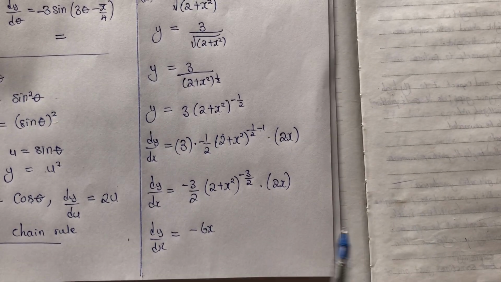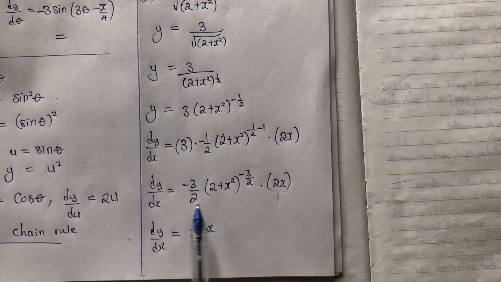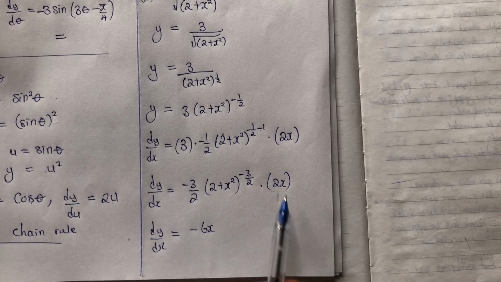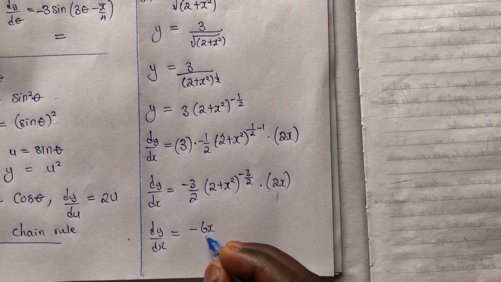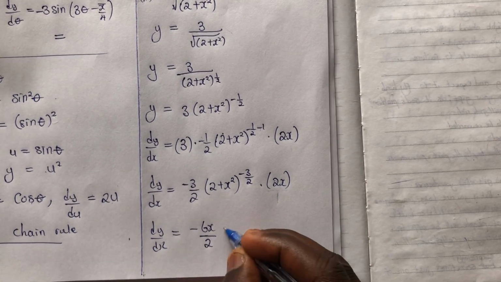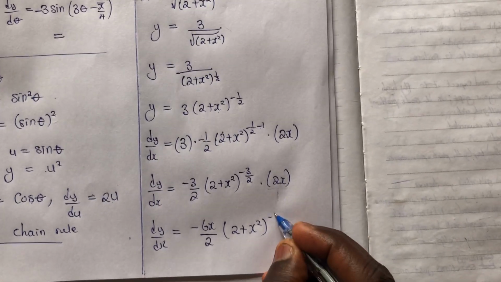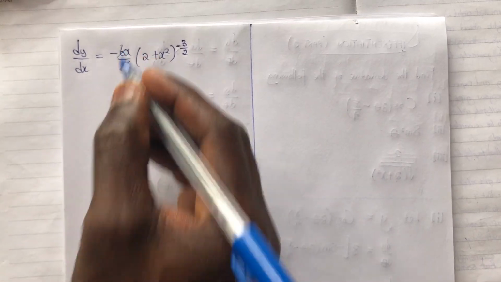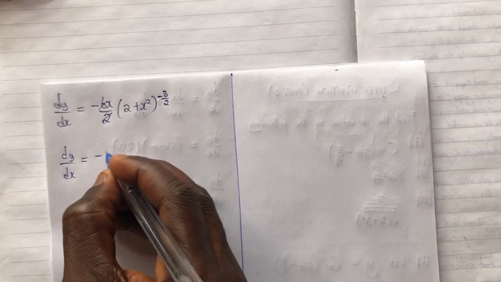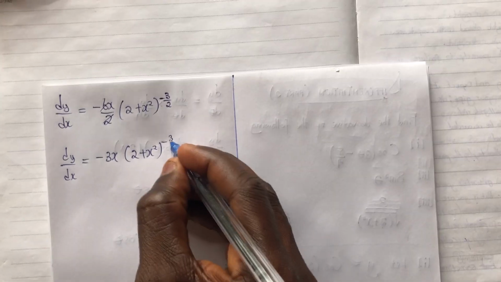We shouldn't forget that this one is over 1. 1 times 2 will give me the same 2. 2 times 3 will give me 6x. So over 2, multiplying (2 plus x squared) to the power of minus 3 over 2. So from here, we know this can take care of this. So we have dy/dx giving us minus 3x times (2 plus x squared) to the power of minus 3 over 2.